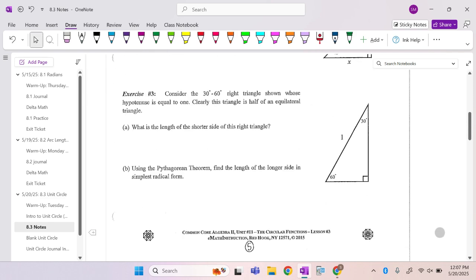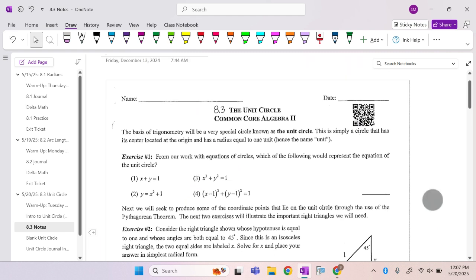So guys, if you're still in here, have page 5 open in your packet.